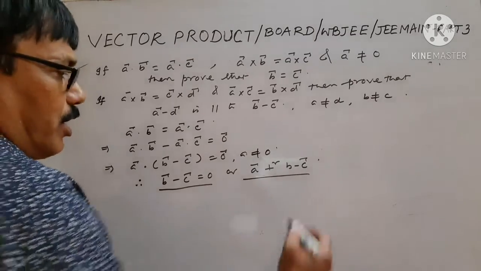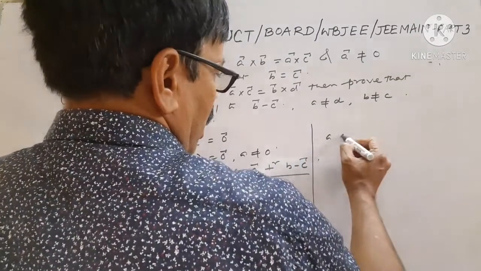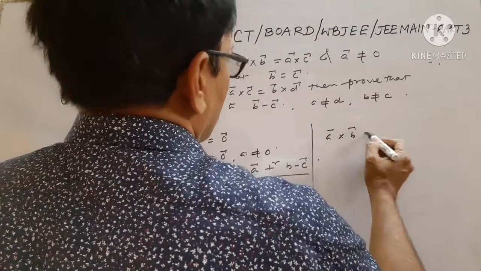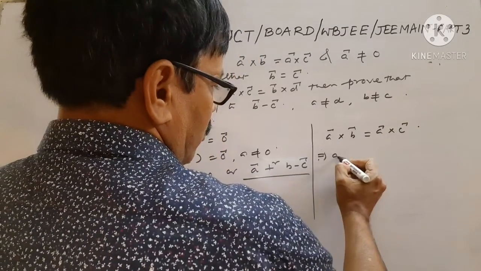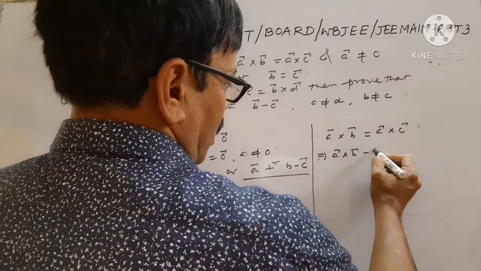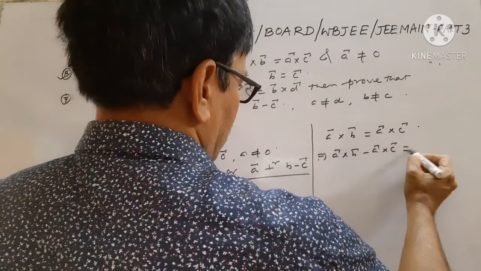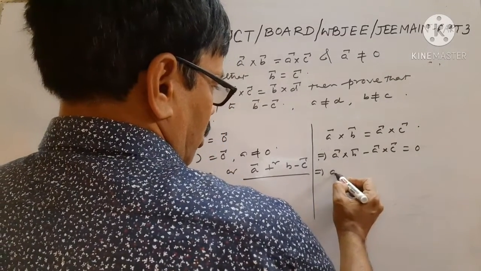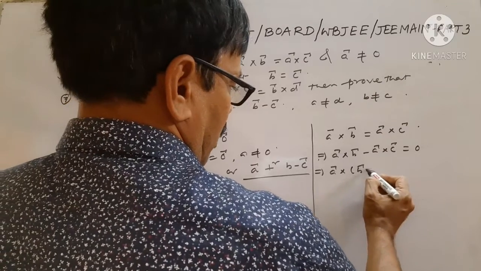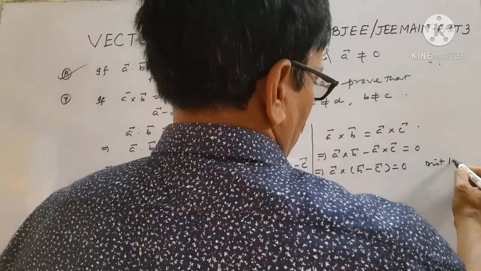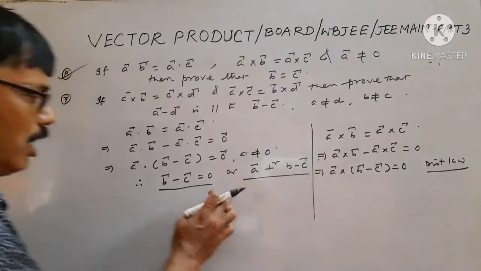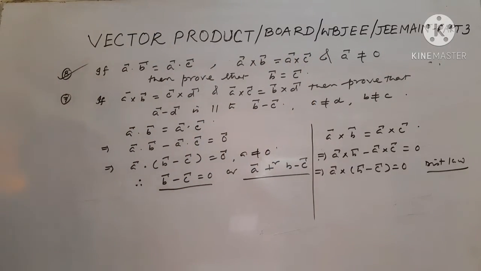Now second condition, A cross B equals A cross C. So exactly the same, A cross B minus A cross C equals 0. So A cross B minus C equals 0. Distributive law of cross product. Here it is the dot product.